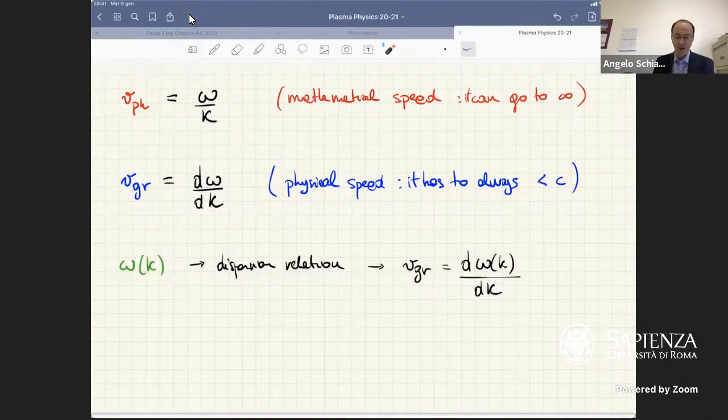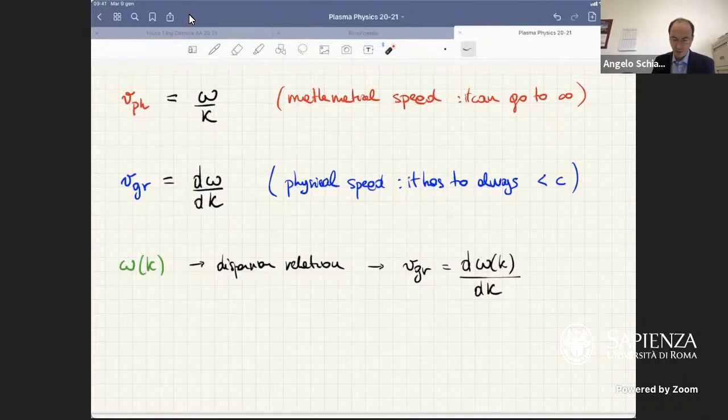Now that we introduced the 1D wave equation, we moved on to Fourier transform space. And so we exchange x for k, and we change time for omega. And then the ratio of these two, omega and k, which are solutions of the wave equation, is called the phase velocity.